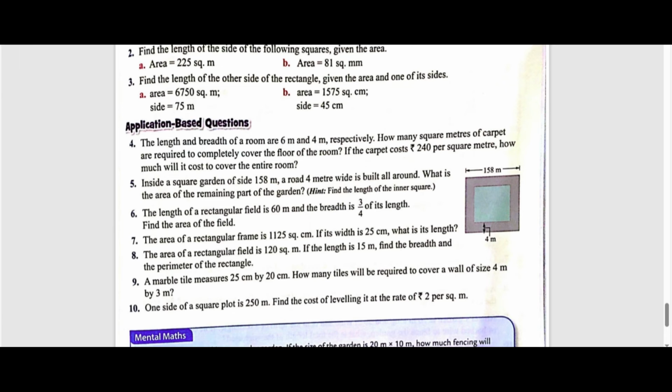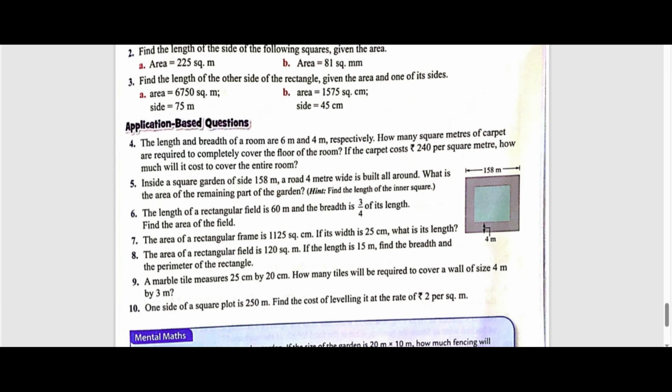Inside the square garden of side 158 meters, the road width is 4 meters. And what is the area of the remaining part of the garden?